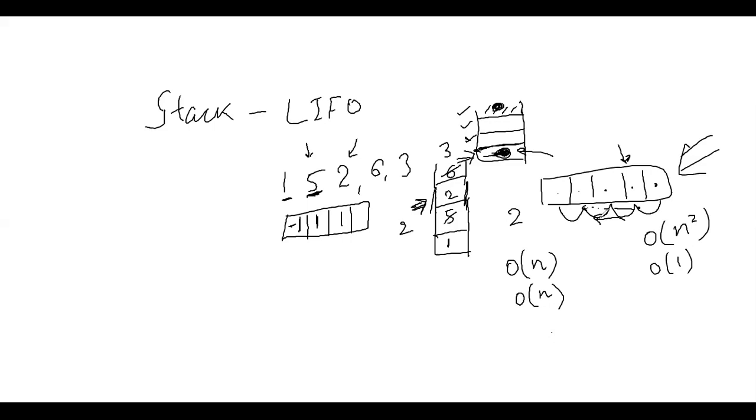Do you need to store that value or not in this brute force approach? You don't have to, right? So yeah, it's O of 1 because we are iterating over the same array. We are not using any additional memory.